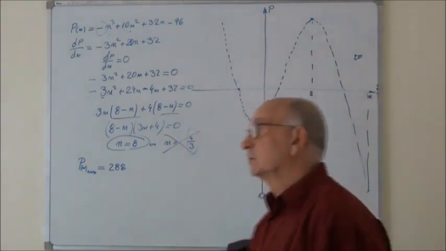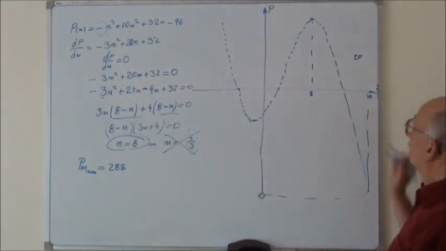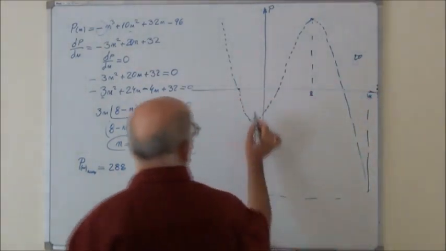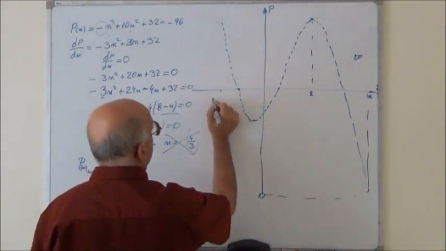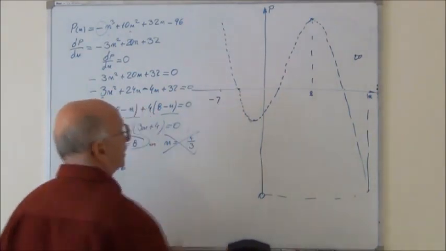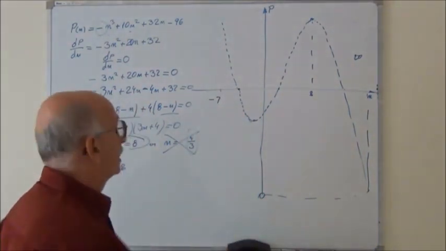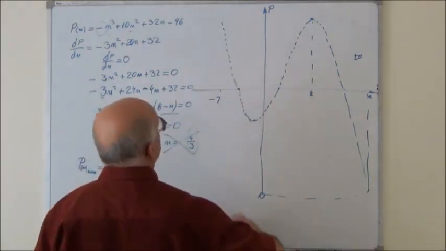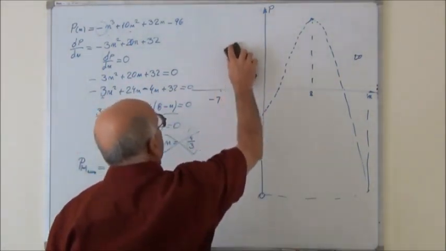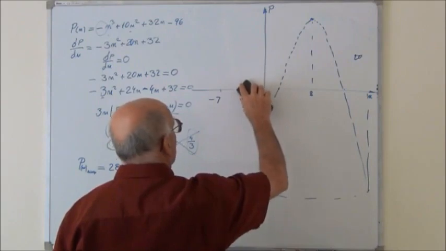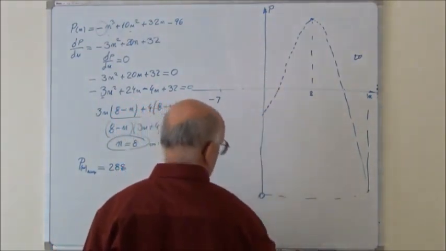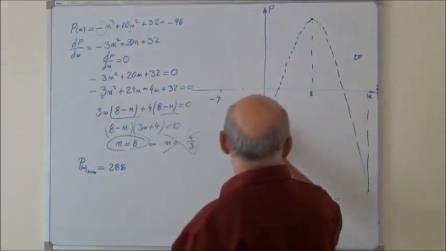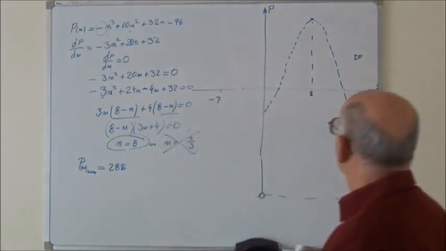The most important thing is the number of people on the horizontal axis can't be, let's say, -7, it can't be negative. That's why this part of the curve you can't show in your work. So the curve must start from here.